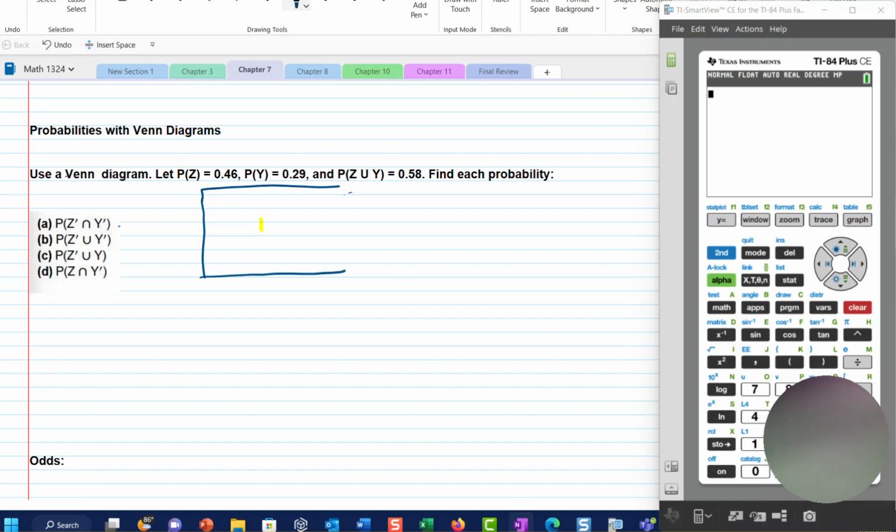They overlap, because the union of all the sets in Z and Y is 58. So we have this guy and this guy, and this is Z and this is Y.